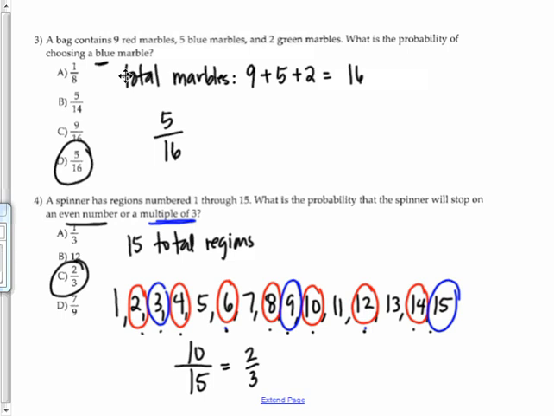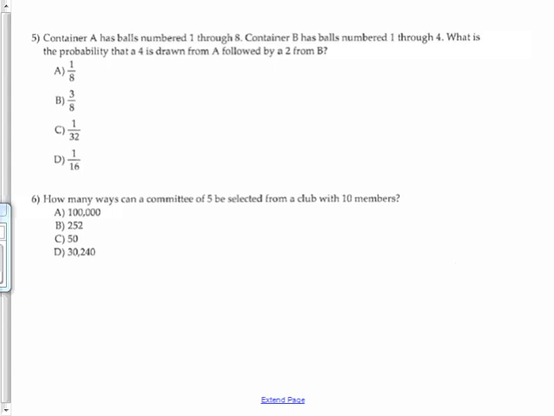All right, and then 2 more. Container A has balls numbered 1 through 8. Container B has balls numbered 1 through 4. What's the probability that a 4 is drawn from A followed by a 2 from B? This is without replacement.